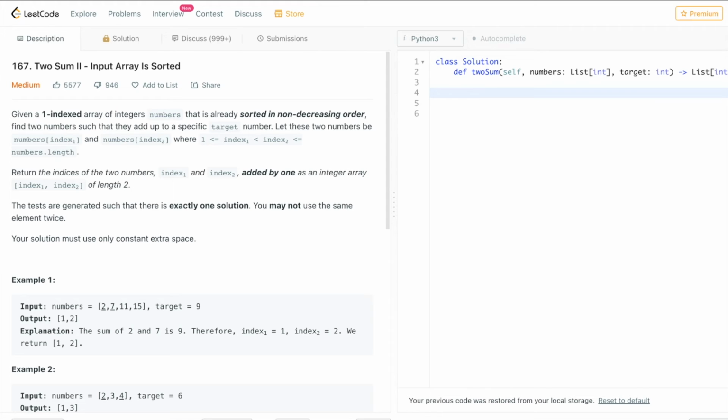solution. So essentially what we want to do is start off by creating 2 pointers. So pointer 1 is equal to 0, and then pointer 2 is just equal to the length of the numbers array minus 1. Okay, and we want to continue moving the pointers closer to one another just until they have met up.